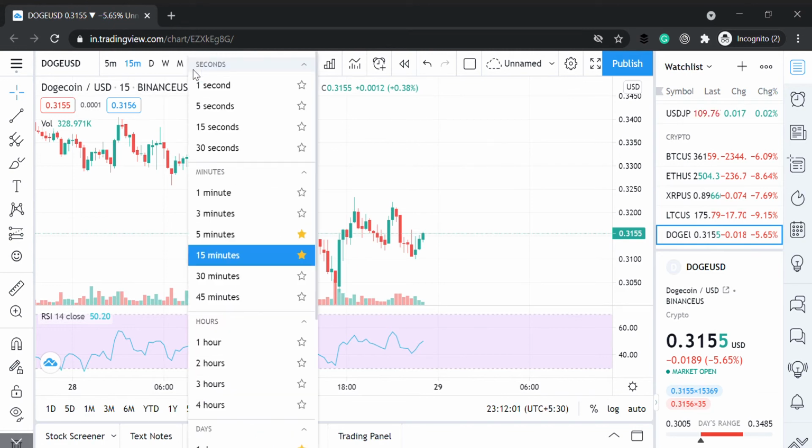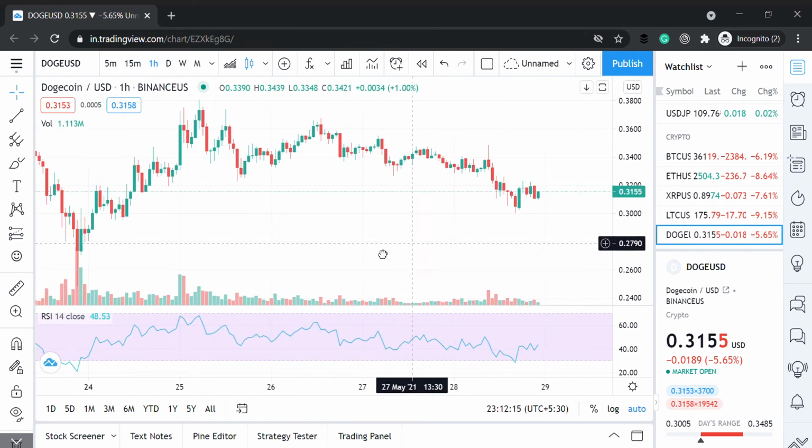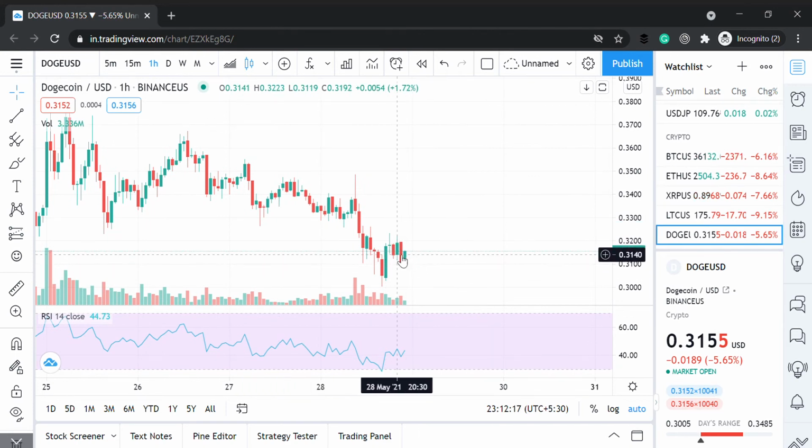Now let's switch to, let's say, 30 minutes or maybe a 1 hour chart. You will also notice that when you change the time frame, the candles are changing here, because a 1 hour chart has 4 15-minute candles in it.